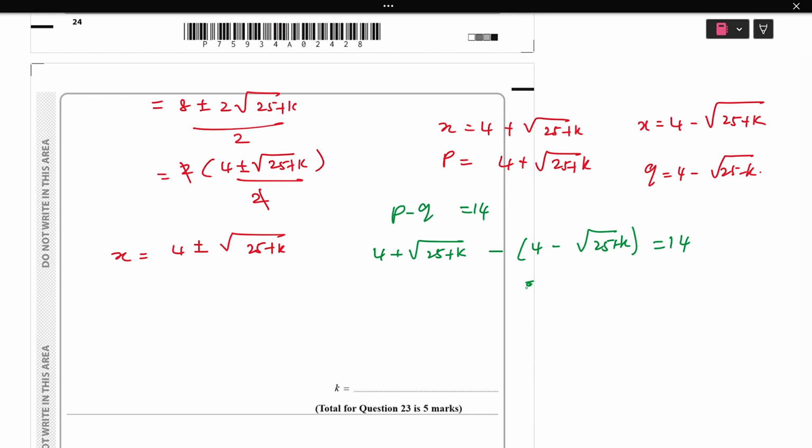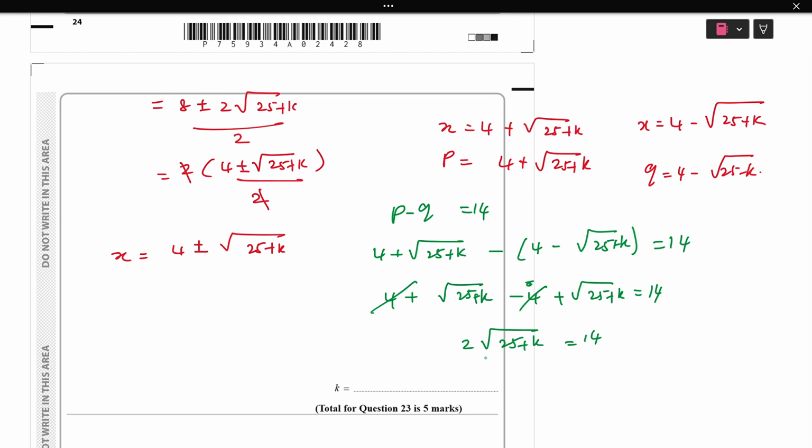Now I'll expand: 4 plus square root of 25 plus k minus 4 plus square root of 25 plus k equal to 14. 4 got cancelled. 2 into square root of 25 plus k equal to 14.